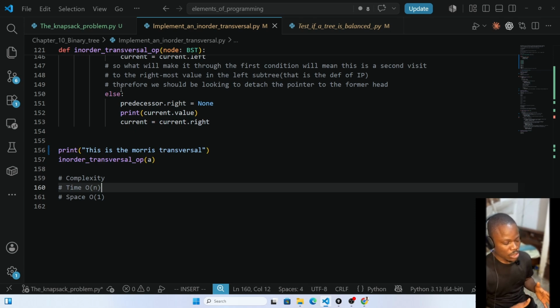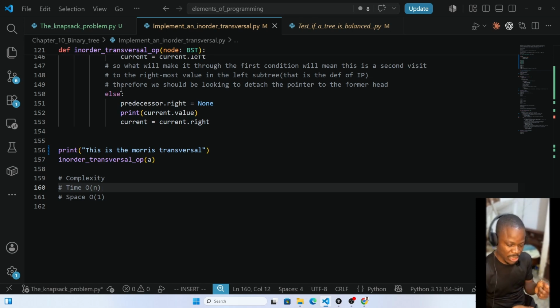right? Now we look at this guy that uses itself, the whole process of pointing back to a current and pointing it back to the none, a whole process where we now see that the space, we use no space.